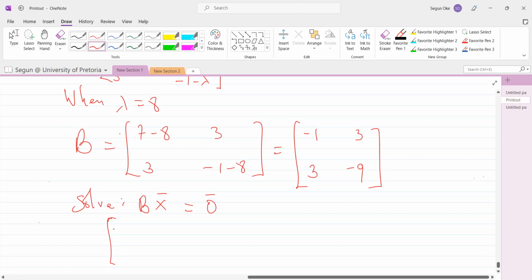Let's put our B there: -1, 3, 3, -9. Then what is X now? X bar will be, since it's 2 by 2, X1 and X2. Don't forget, equals to 0 and 0.